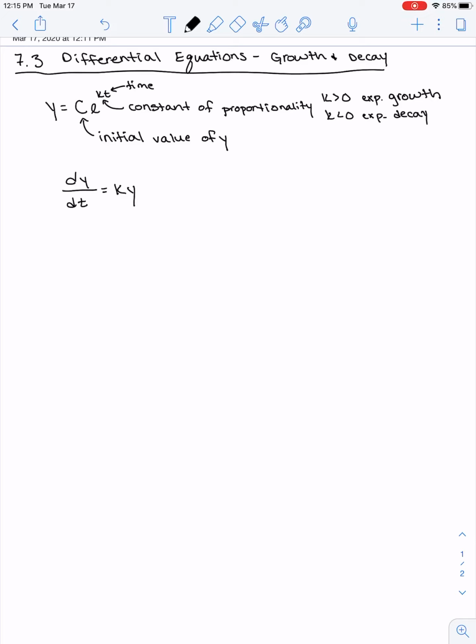So let's prove that some rate of change of this quantity y with respect to t is actually proportional to y itself. So prove essentially that this supports what we just wrote of y is equal to c e to the kt, or our exponential growth or decay function.